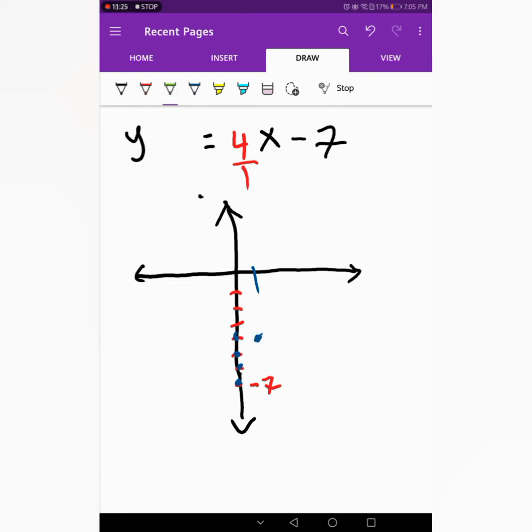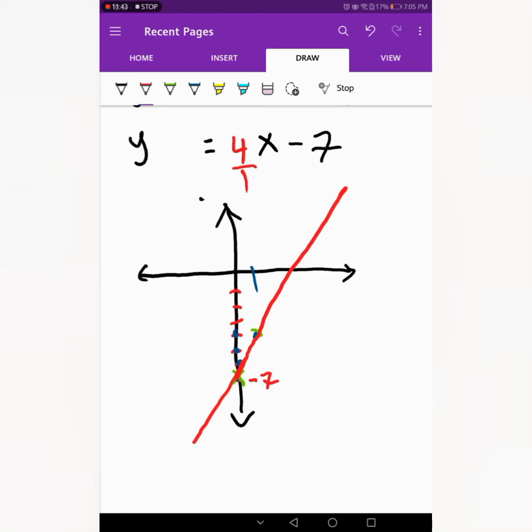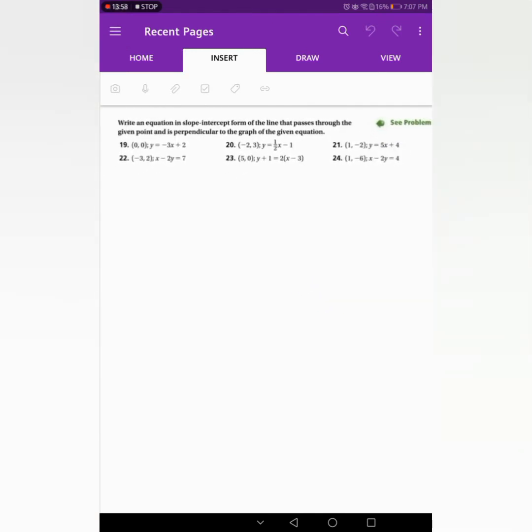So the line will cross the y-axis at negative 7 and will pass through this point. Okay, so the line will be like this. Okay, my dear student, now let us move to the second part of this lesson.